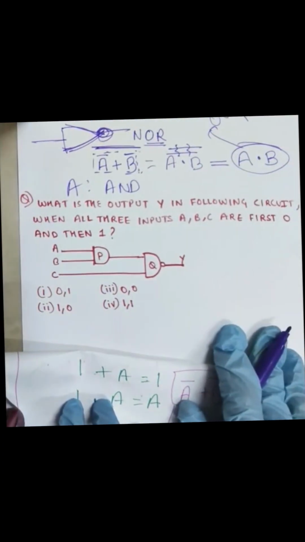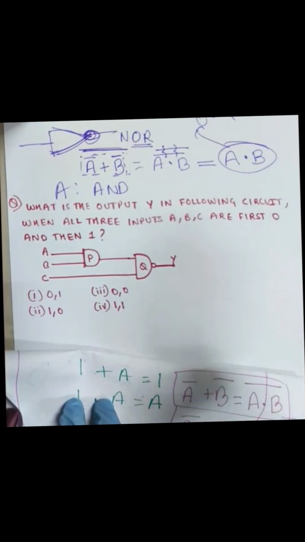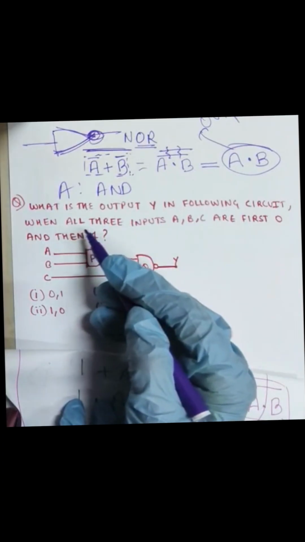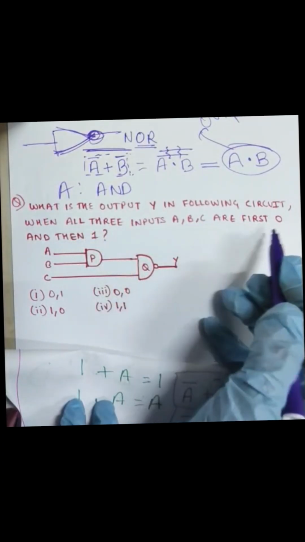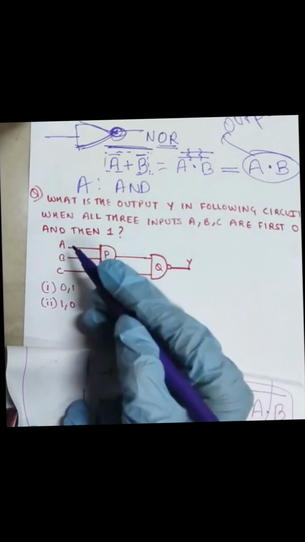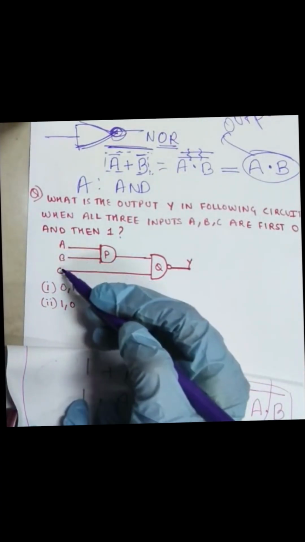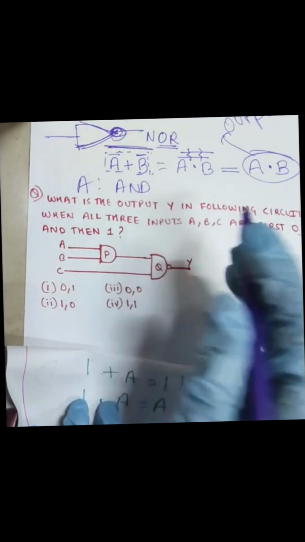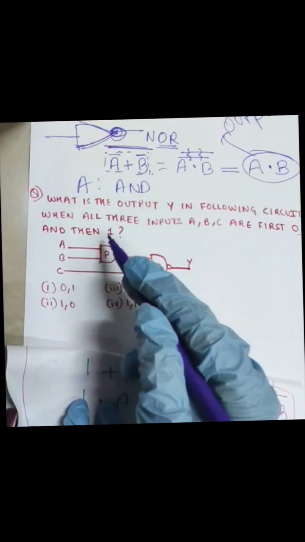The second one we will do using the truth table. What is the output Y in the following circuit when all three inputs A, B, C are first 0 and then 1? They're saying first A, B, C are 0. That's the first input. The second input will be 1.